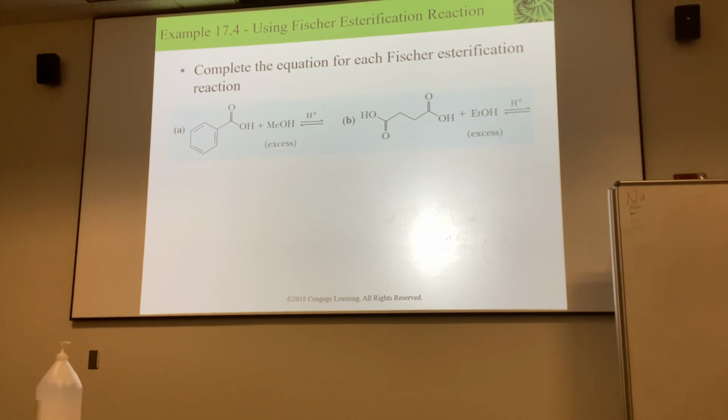On the other one, we remove the hydrogen and we put what on there? For this guy? Ethyl. Do we do it to both sides or just one? Would we do both since we have excess? Yep.